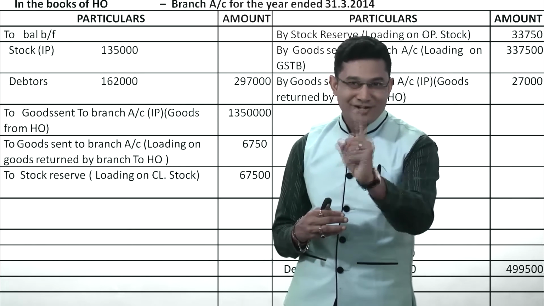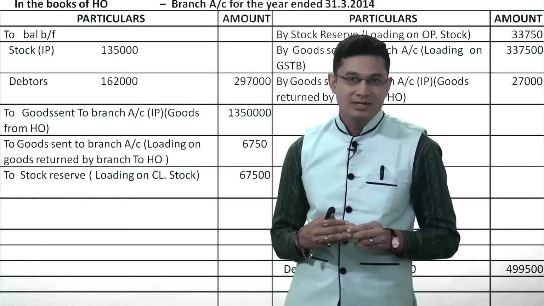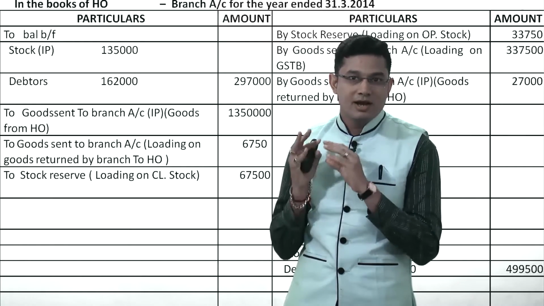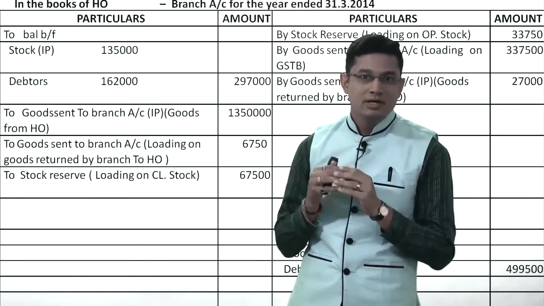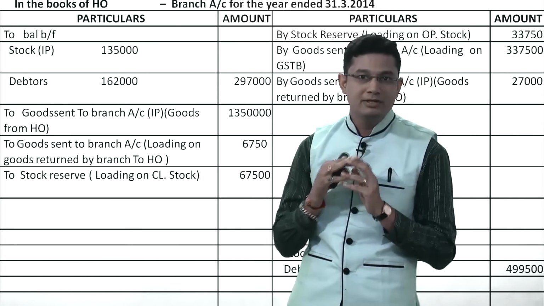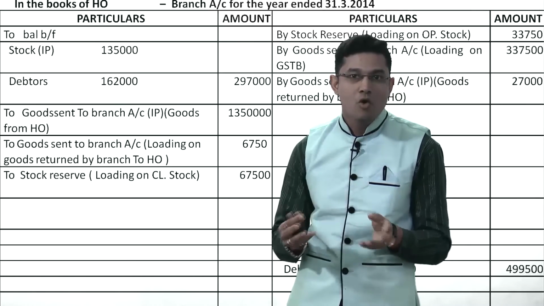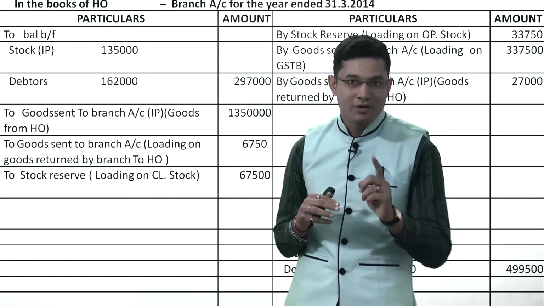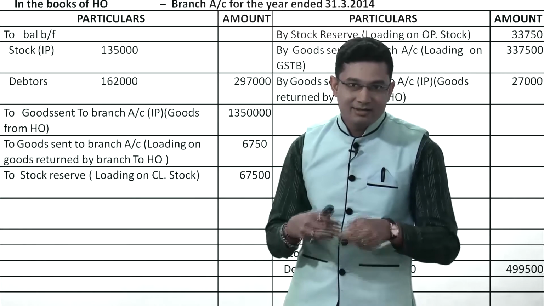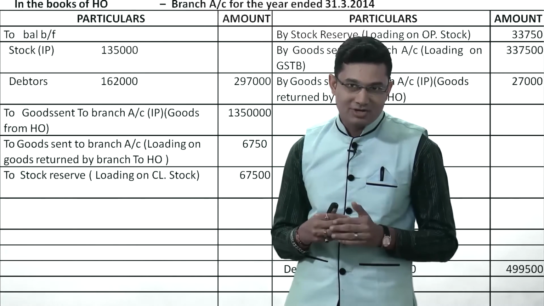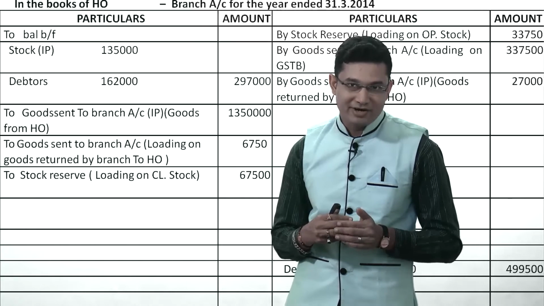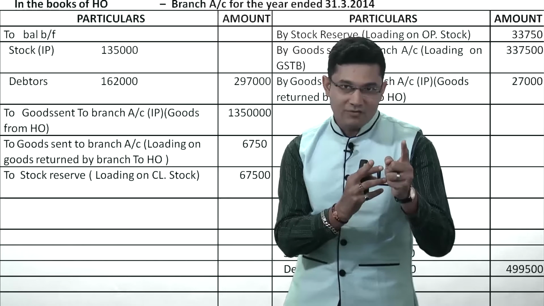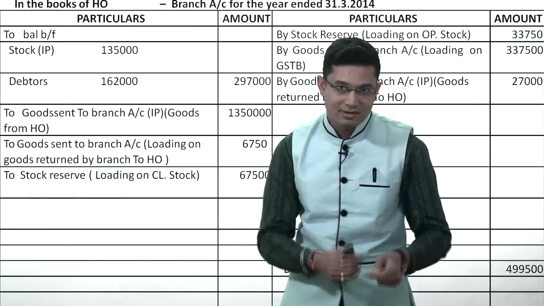Sir, why the journal entry of stock reserve in case of loading on opening stock and loading on closing stock? Very simple. The opening stock reserve will be cancelled in this year, and closing stock reserve, means unrealized profit in closing stock of branch, will be carried forward. Okay.